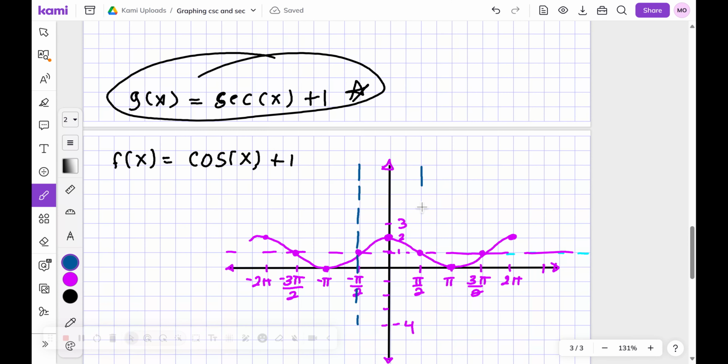So you do have to graph the midline. Then the maximum will give me my parabola that opens up, and this is just that 0.4.